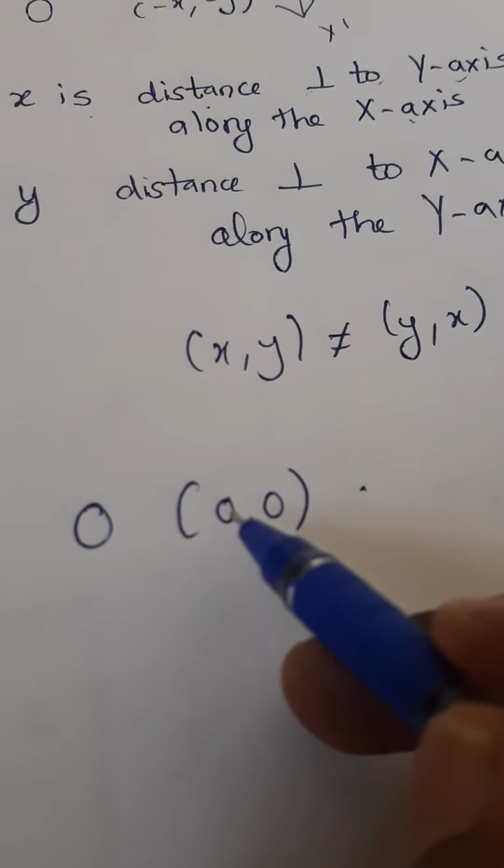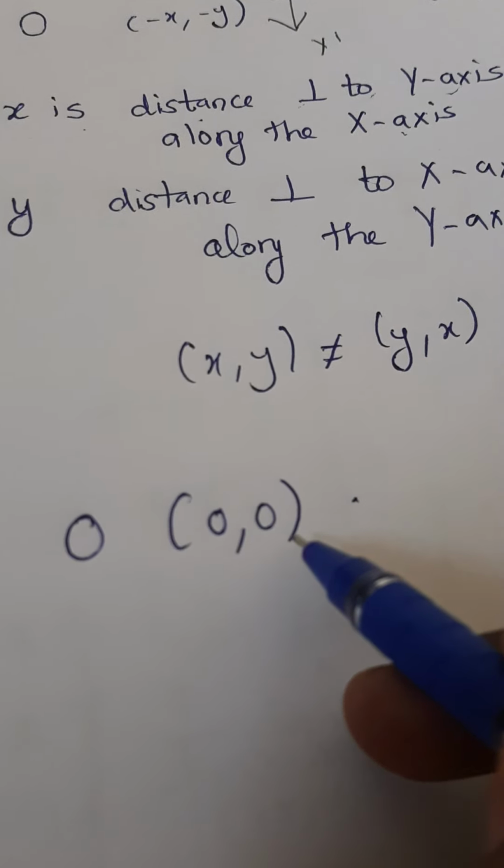One more thing, what about the coordinates of the point at origin? The coordinate of the point at origin will be the ordered pair (0, 0). Okay, the x coordinate will be 0 and the y coordinate will also be 0. That is, this point will be (0, 0).